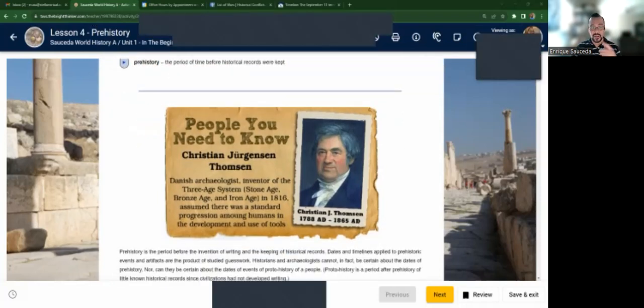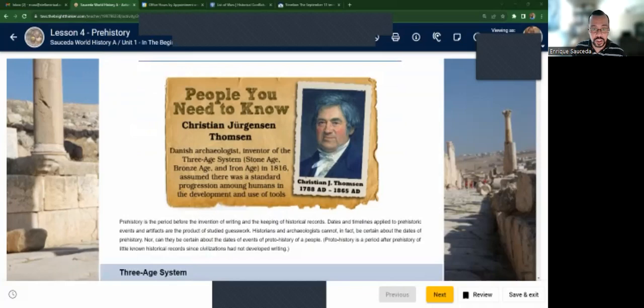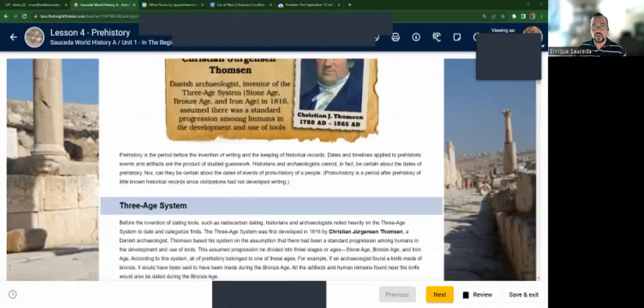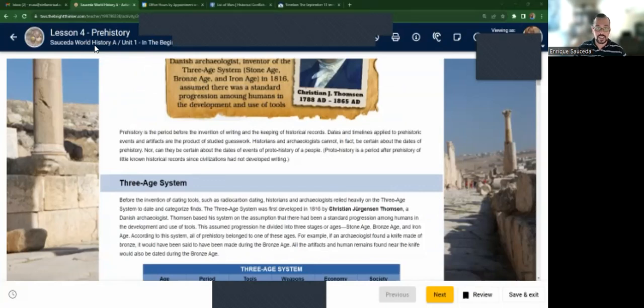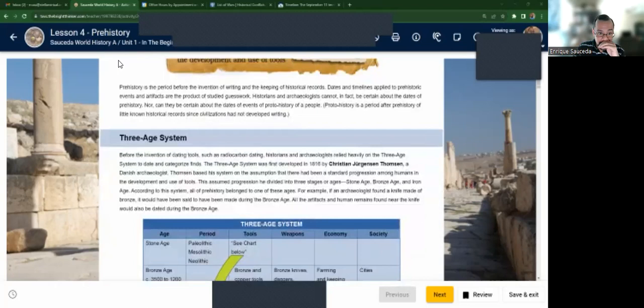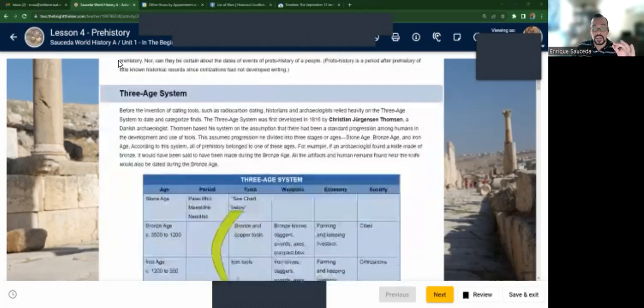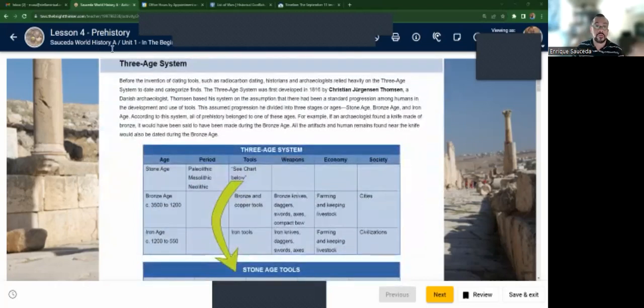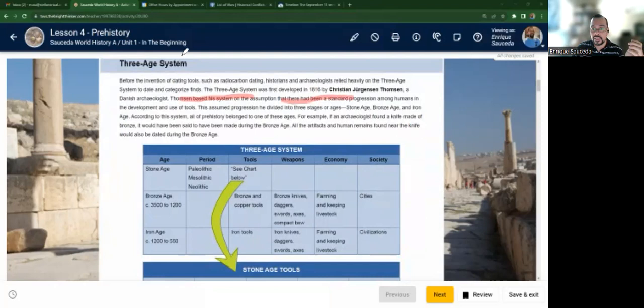So thank you, Egyptians. The person we need to know this time around is Christian Jurgensen Thomsen. He came up with the 3-age system. Essentially, there was a standard of progression. Humans went from here to here to here, this progressive cycle, to where we are today. Thomsen based his system on the assumption that there had been a standard progression among humans in the use of tools.